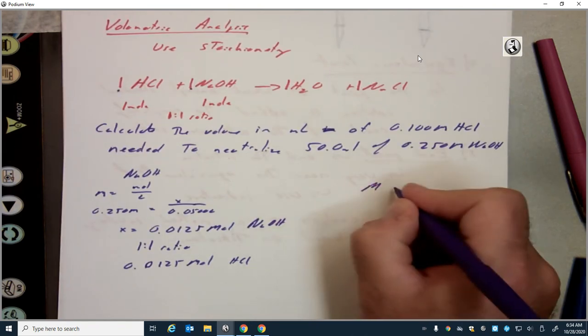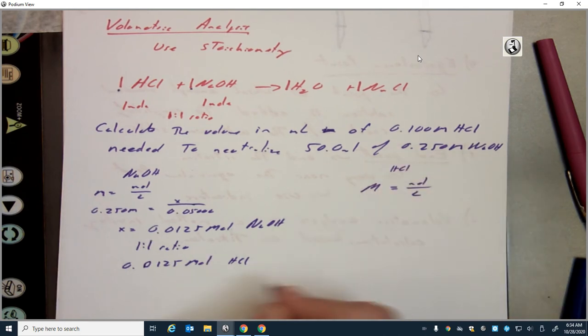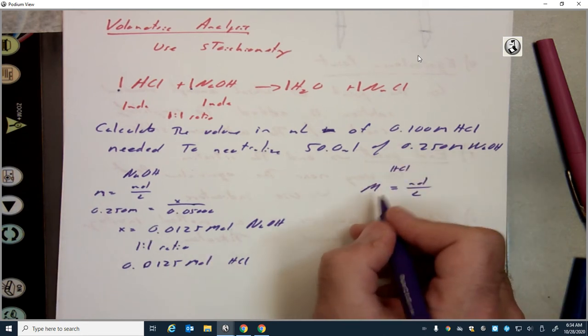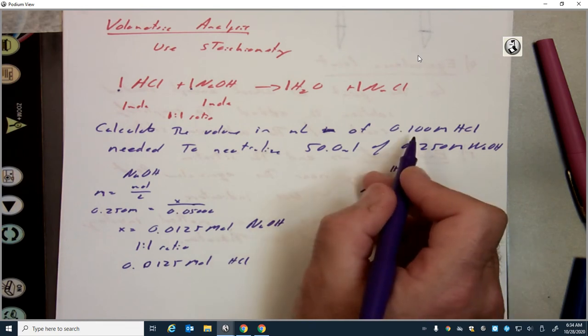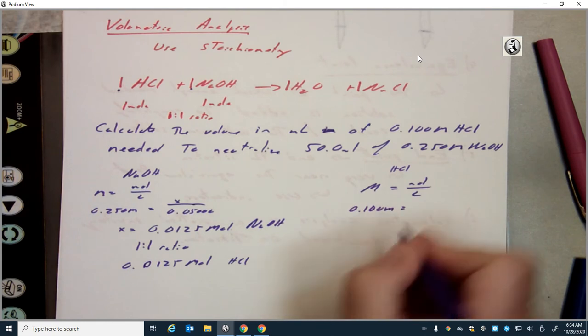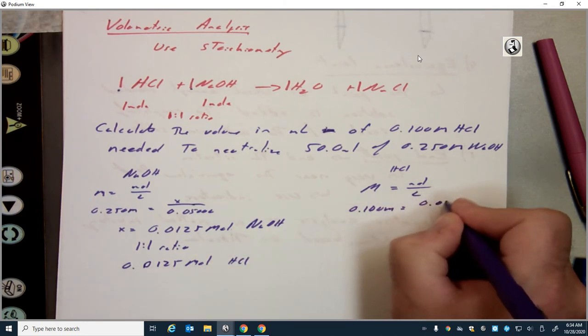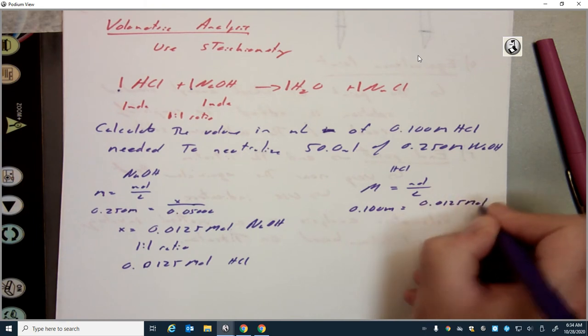So now I know molarity equals moles over liters. This is for my HCl. I know the molarity was 0.100. I now know how many moles of it I had in there, 0.0125 moles.